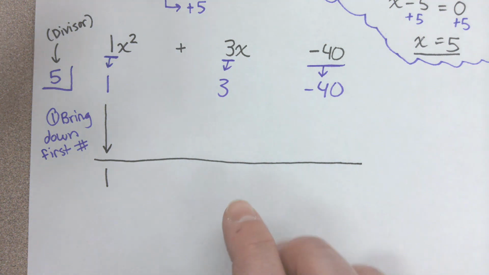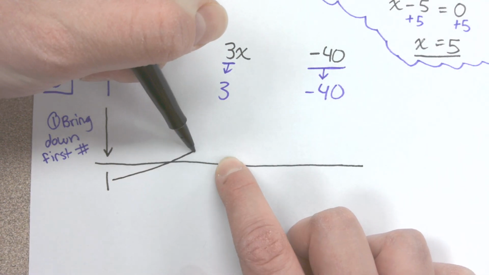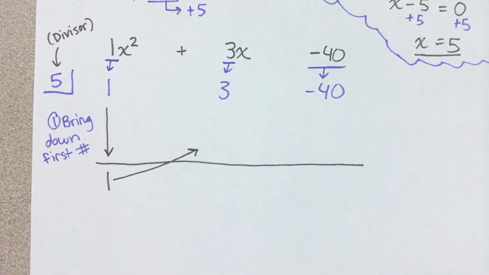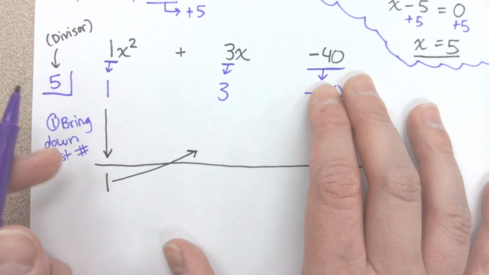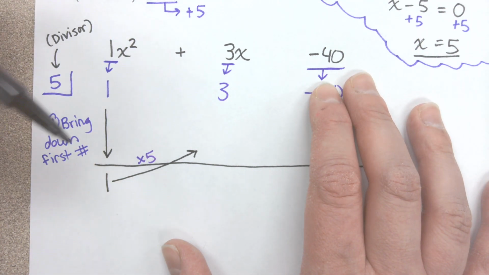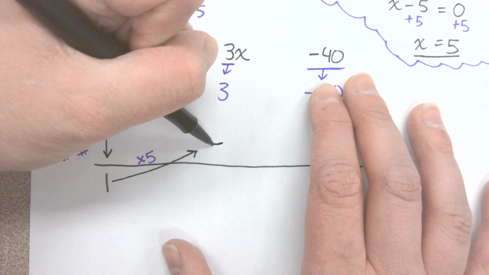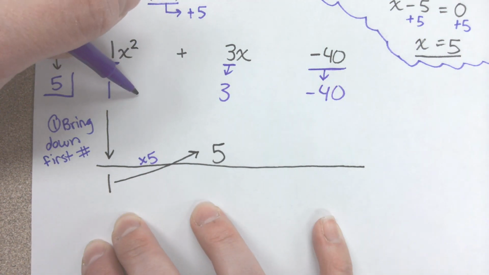Next step, I'm going to draw an arrow from the 1 to the space under the 3. So about right there. We're going to take this 1 and we're going to multiply it by the divisor. So times 5. 1 times 5 is 5. So that was step 2.